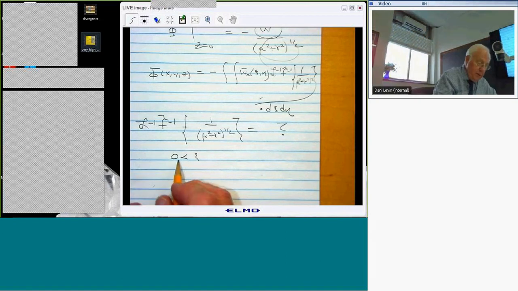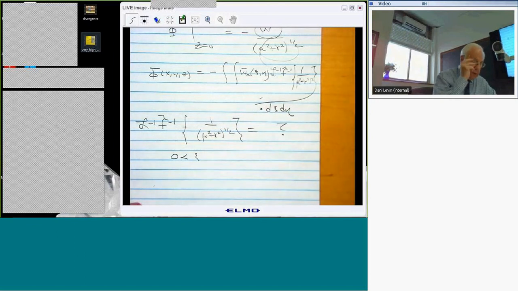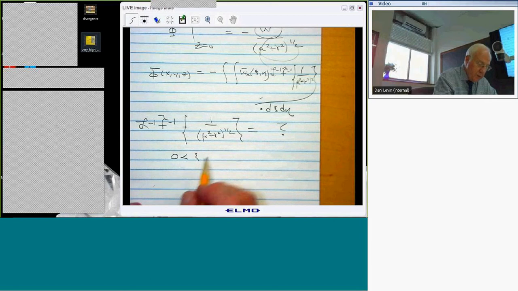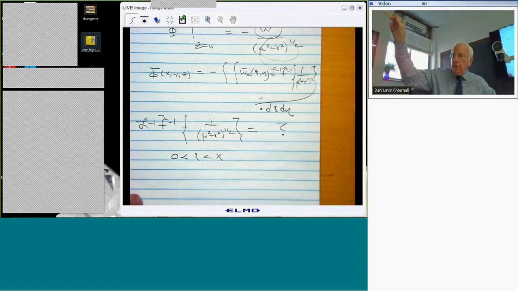Then this integral will be 0 when I'm in this region. And I'm also less than x because nothing behind the point of interest, because the supersonic flow can affect the point of interest. But now you see the essential challenge of 3D flow.